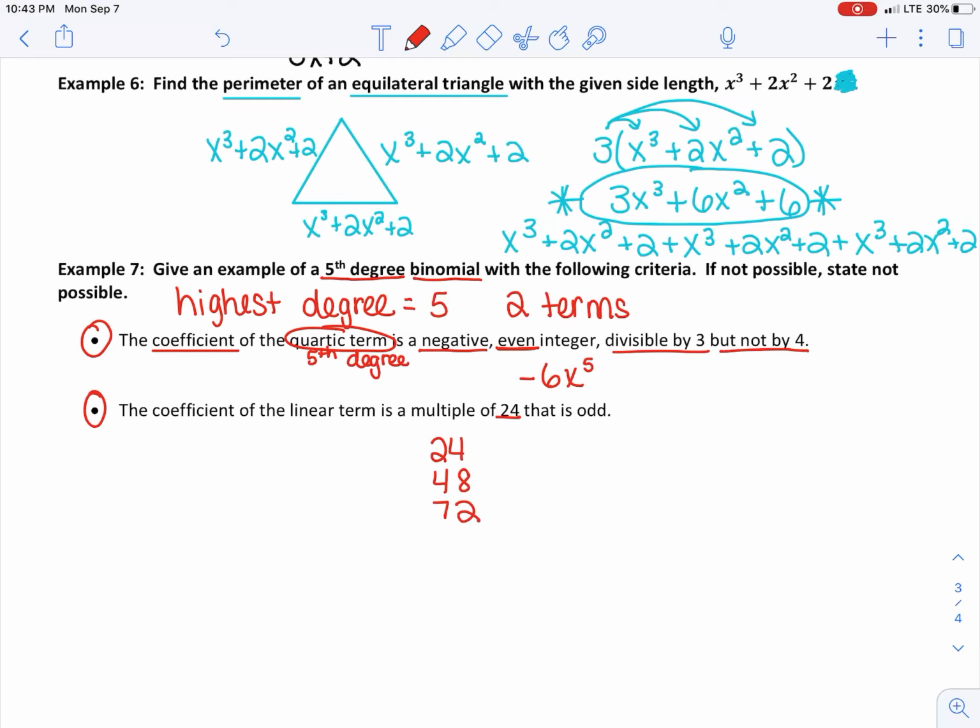If you quadruple it, it's also going to give you another even number. So if you keep going, it's going to give you an even number every time. So if you have a multiple of 24, it's never going to be odd. So really, it could meet the first criteria, but it cannot meet that second criteria. So this is just not possible.